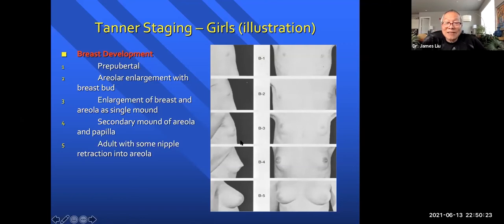Now, obviously, this individual that they have demonstrated has further enlargement of the breast, but really it's past 3. It's not really the size, but the relationship between the areola and papillae that makes the staging beyond that.